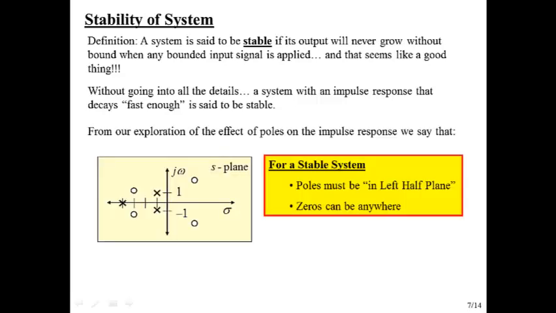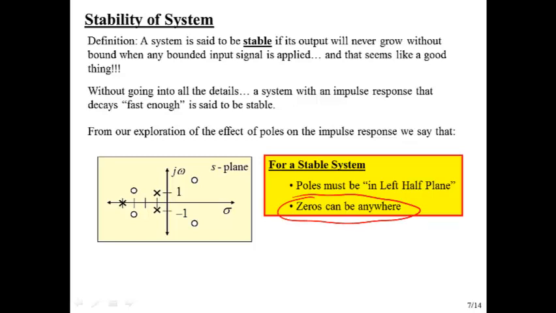And from that, we can say that the impulse response decays when all the poles are in the left half side of the plane. So this gives us a very easy way to check for stability of a system. We find the transfer function, find where the poles are, and ask: are they in the left half side of the plane? If they are, the system is stable. Now the zeros of the system can be anywhere.